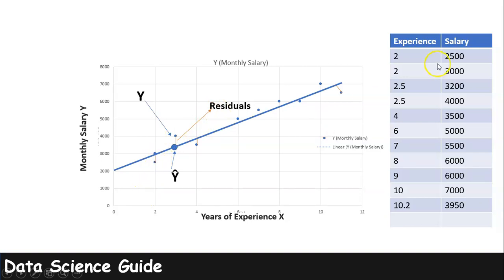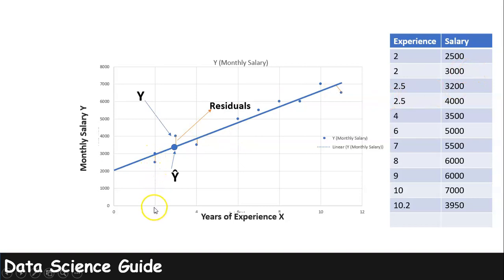For example, the first employee is receiving 2,500 and has 2 years experience. So that's why this point is located here. But the regression model says something different. It says the employee with 2 years experience will have something about 3,000, which is one of them here, but that's what is predicted.